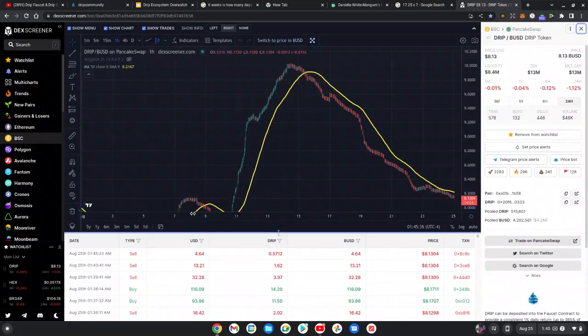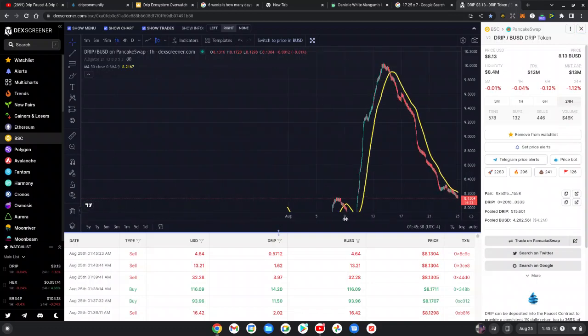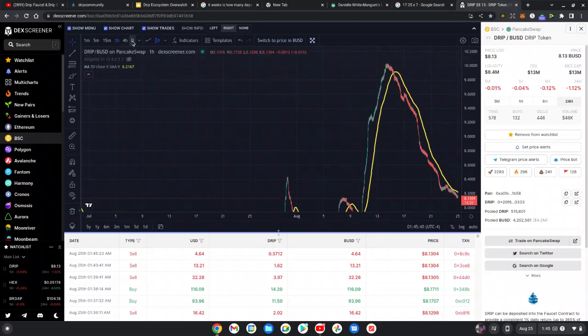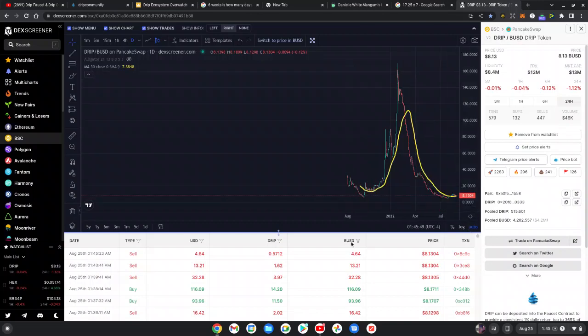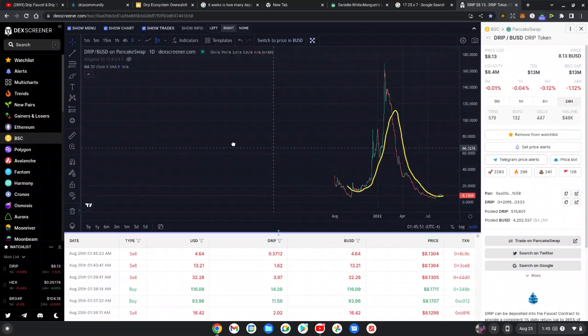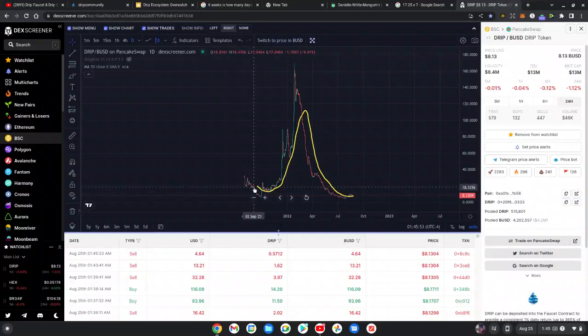So when he came in, Drip was... let me see if I can get a daily chart here so you can actually see what's happening. Okay, so when he came in, the chart was over here, and he was at $30. And then all of a sudden, it just broke out and went up, and it went up, and it went up, all the way up to here.